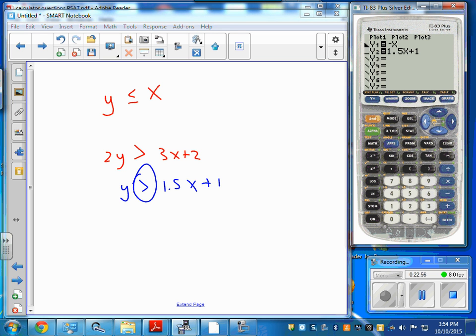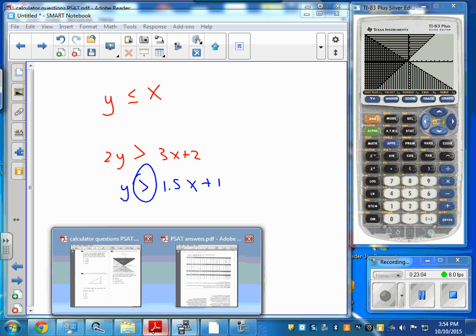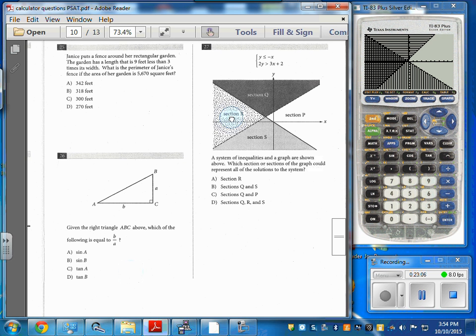That's above. So I'll hit graph. And there we are. Where these guys overlap is the right answer. That's section R. Section R, according to the picture, this region right here. Okay? So choice A is the answer. If you've never done graphing, again, just make sure you answer something there. Don't leave it blank.